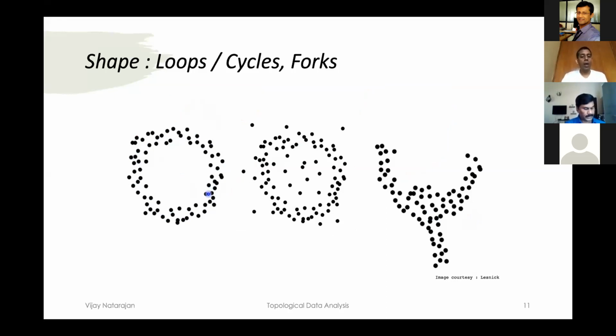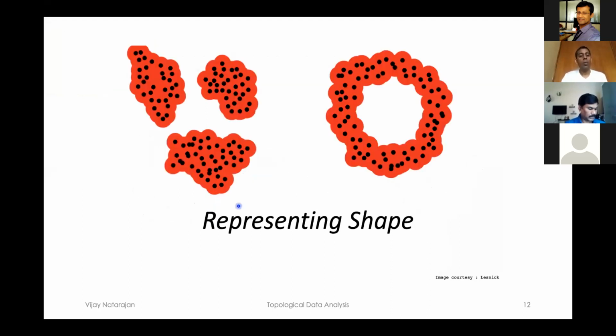However, when we are talking about a computer-based representation of shape, a set of points is just a set of points. It does not represent a continuous space. So we have to somehow go into a continuous space. One way of doing that is by thinking about the points as weighted points, and each point can be considered as a point with a ball or a disk centered at that point.